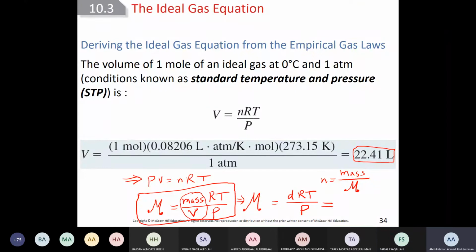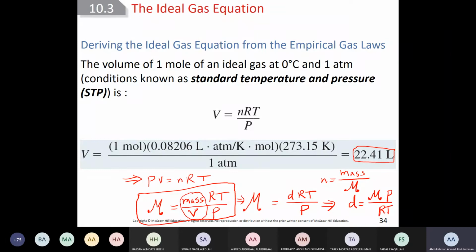So as a result, what's the density of a gas? Molar mass times P divided by RT.